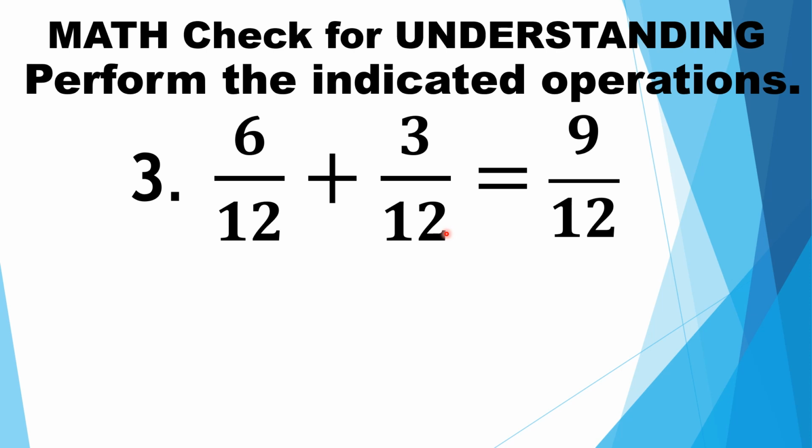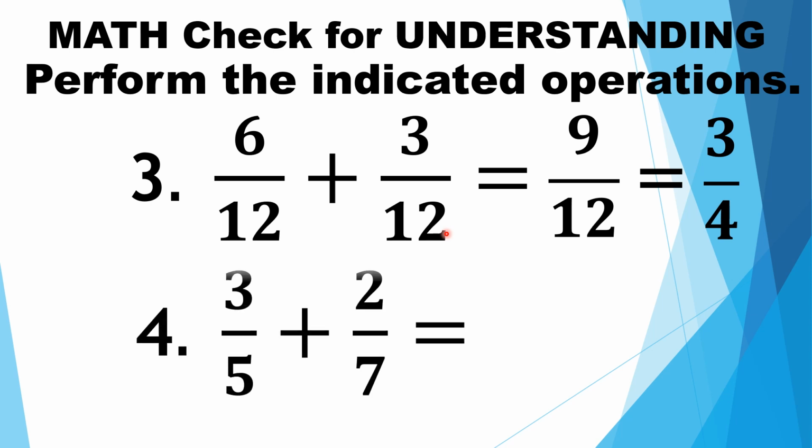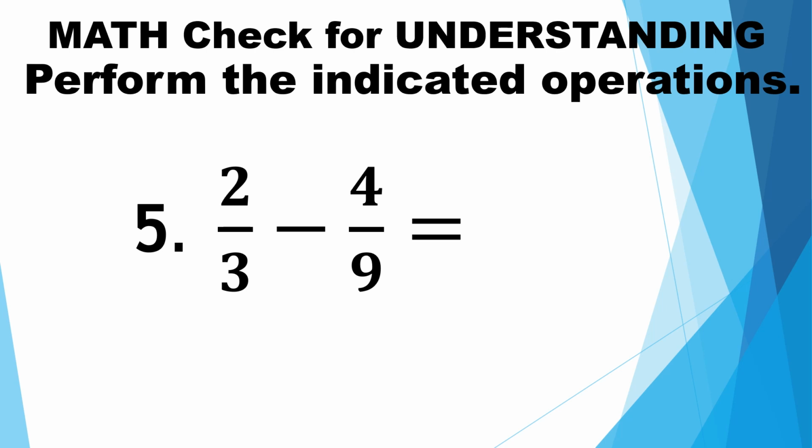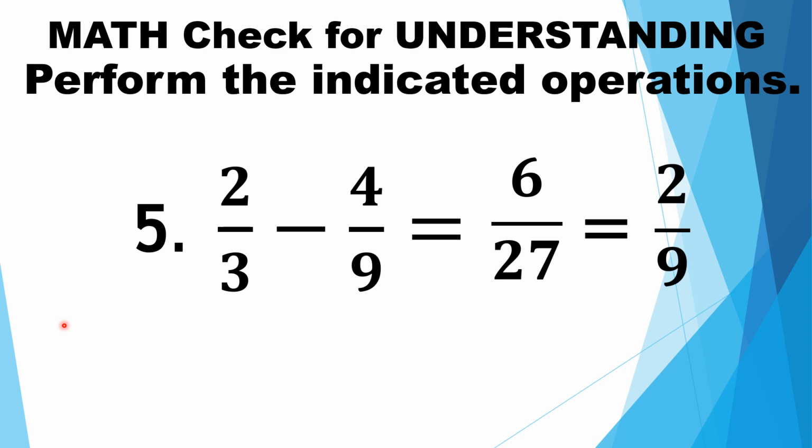Then reduce or simplify into lowest term. That is 3 over 4 or 3/4. Number 4, 3 over 5 plus 2 over 7 is equal to 31 over 35. Number 5, 2 over 3 minus 4 over 9 is equal to 6 over 27. Simplify into lowest term. That is equal to 2 over 9.